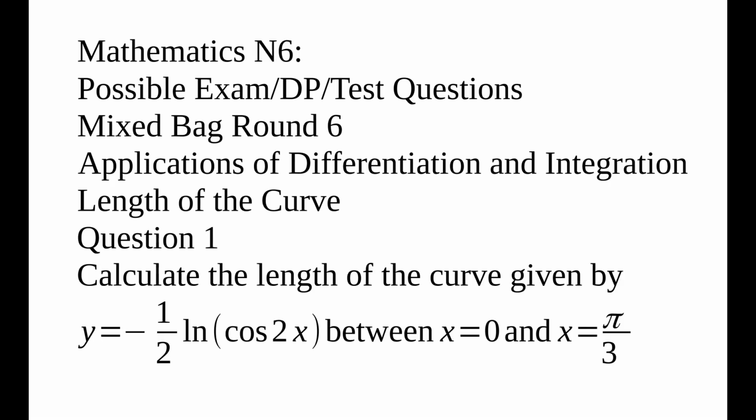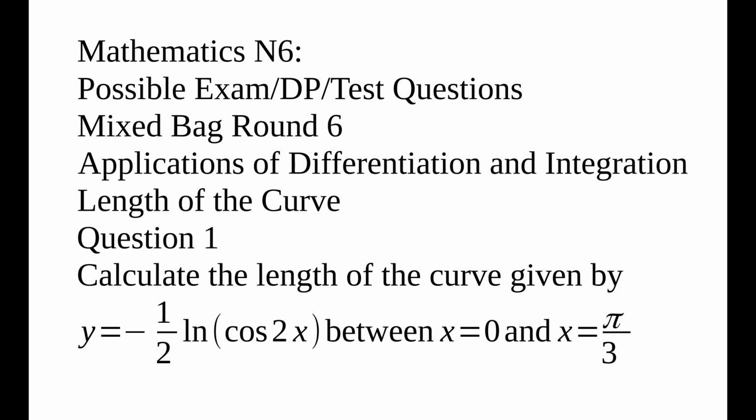Our question states, calculate the length of the curve given by y equals minus a half ln cos 2x between x is equal to 0 and x is equal to pi over 3.